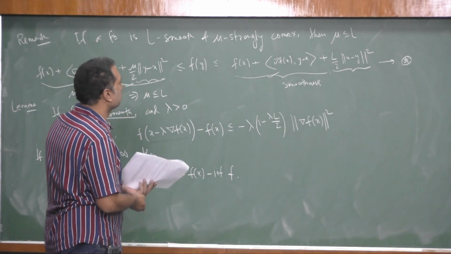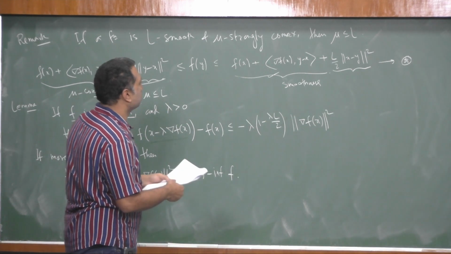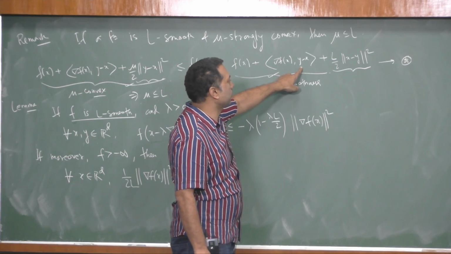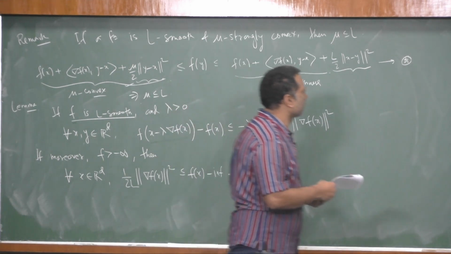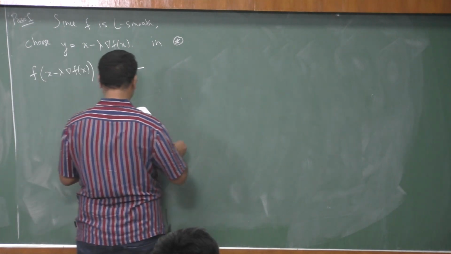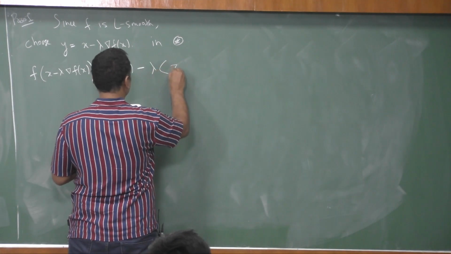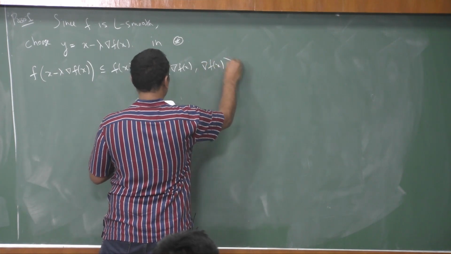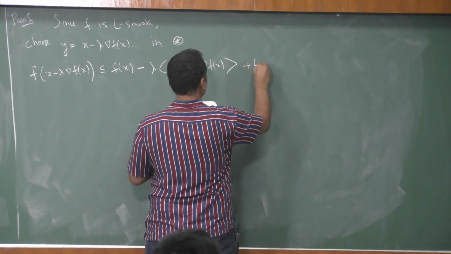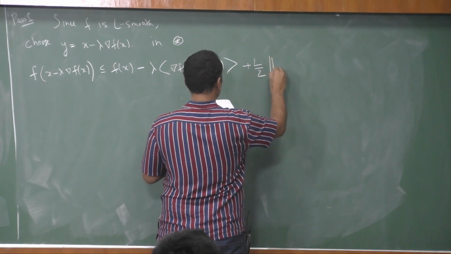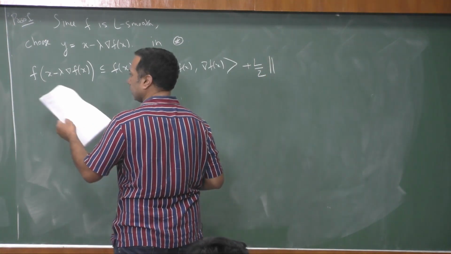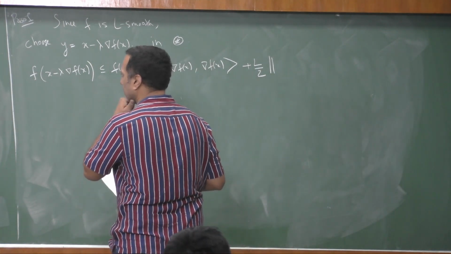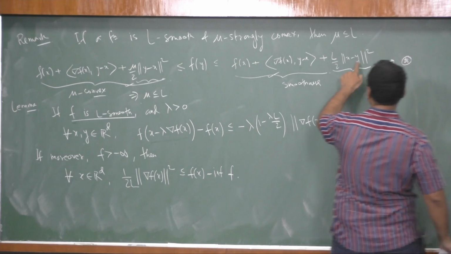So x minus x gets cancelled, because if I put here x minus lambda grad f(x), then I have minus lambda grad f(x) norm squared, plus L by 2, and the last term, again x minus x gets cancelled here also.